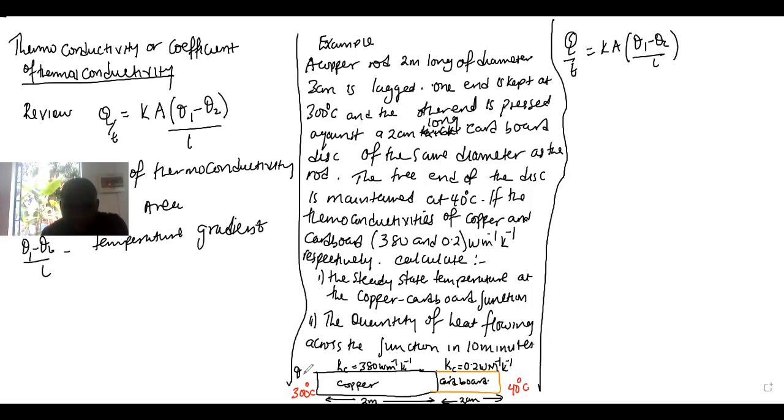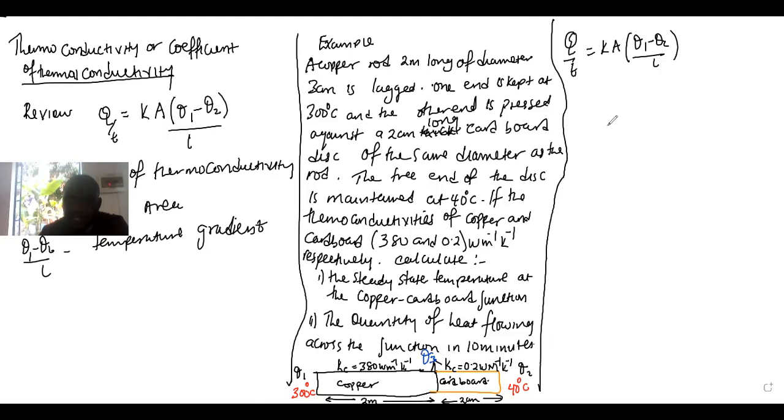This is temperature θ1. This one can be temperature θ2. They're asking us to look for temperature at the junction. Temperature at the junction can be θ3, which we don't know, or it can be any value you want.